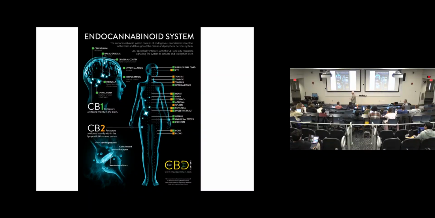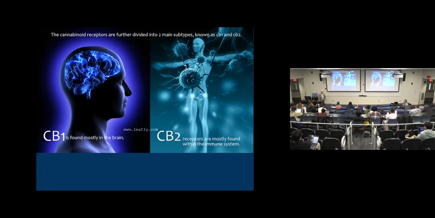I'll show you that in just a moment, because it makes it possible to understand a little bit about what's actually happening and why these things can work. I'm not really going to say much about this slide. I show it every year because it's just so beautiful. CB1 in the brain, CB2 mostly found within the immune system.